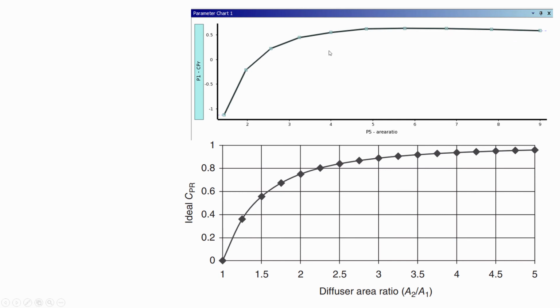The reason is we are simulating a viscous flow. In viscous flow, as the area ratio increases, that is as the exit area increases, there comes a point when the separation starts increasing, and this leads to a reduction in the static pressure rise at the exit section. So this is why we are having that decline.